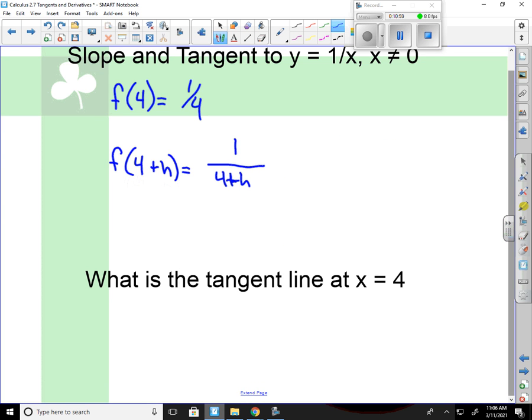So to calculate our slope, it's the limit as h approaches 0 of f of x naught plus h minus f of x naught over h. We plug in our two values here.